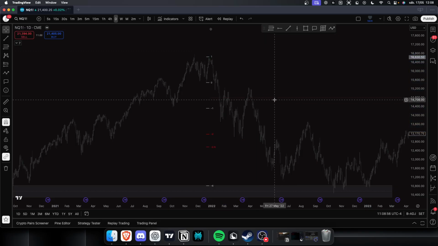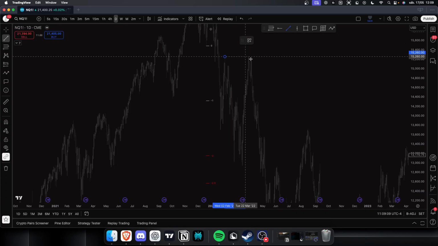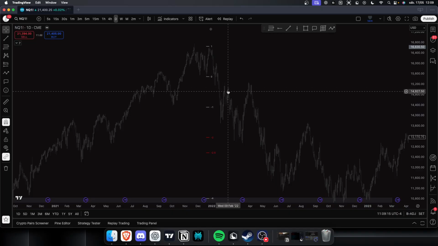If I pull out here, I'm pretty sure there was SMT at these highs also. So this is also a great zone for you to possibly target because it's within discount, and you all know what engineered liquidity is, so you can count this as engineered liquidity to go lower.